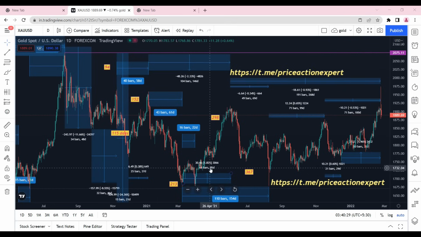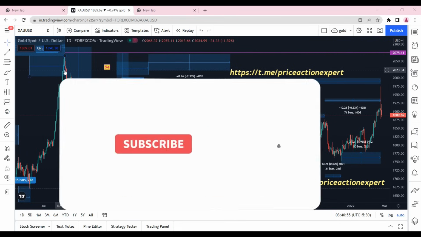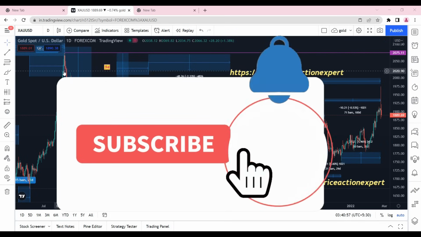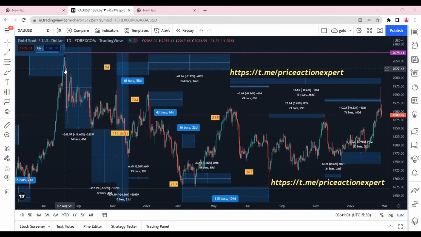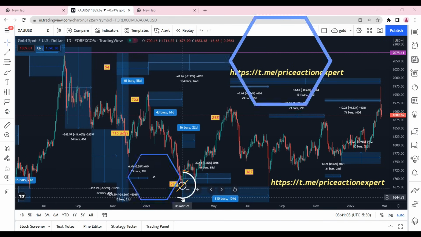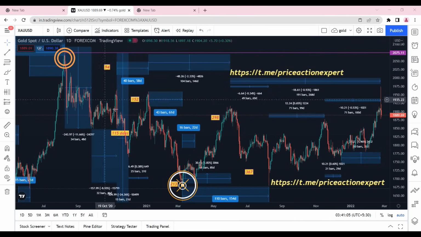I have marked here 85 days, and similarly I have marked most of the highs and lows here. Using that, we will be able to forecast the future. The time starts from here, August 7th. This is the high date, the all time high. From there it dropped here. So let's consider this as one wave.